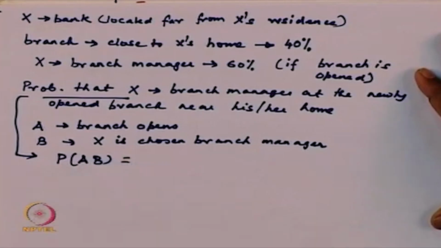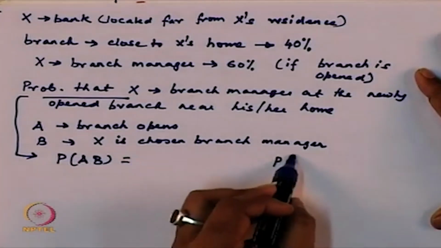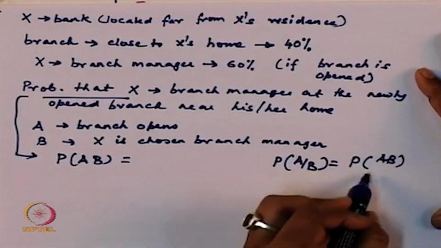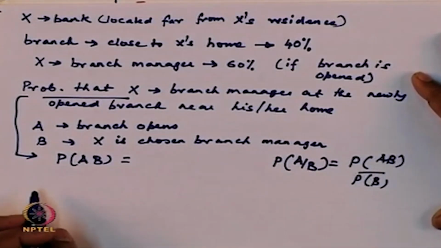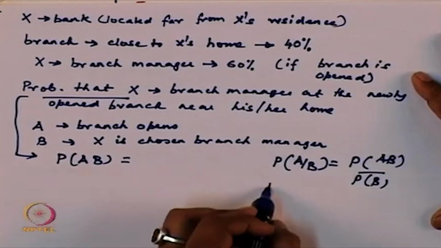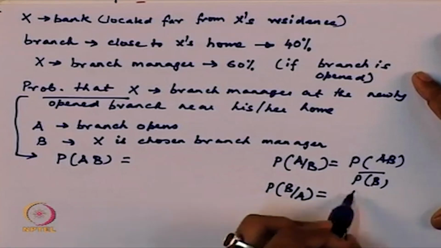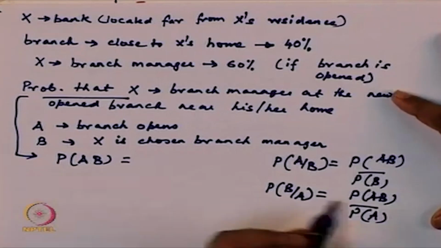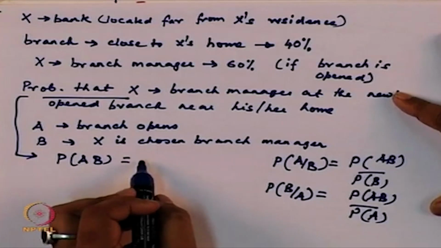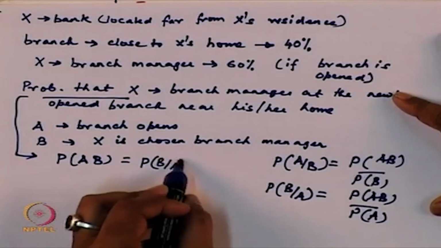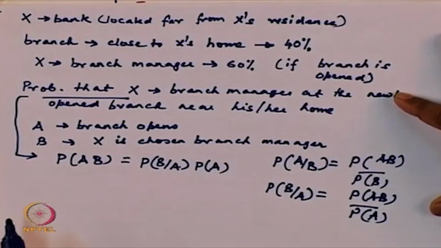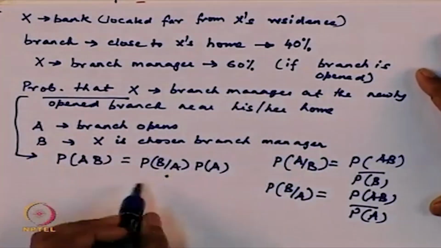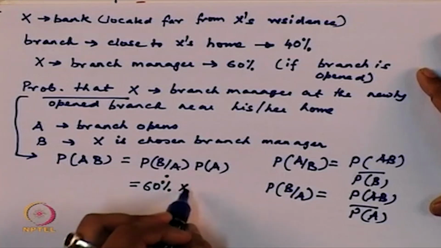So, how will I use conditional probability to solve this problem? I know probability of A given B is probability of AB by probability of B. Or I can write probability of B given A is probability of AB by probability of A. From this expression I can write P(AB) is simply equal to P(B given A) into probability of A. This 60% statement is nothing but probability of B given A, which is equal to 60%, and probability of A is 40%.